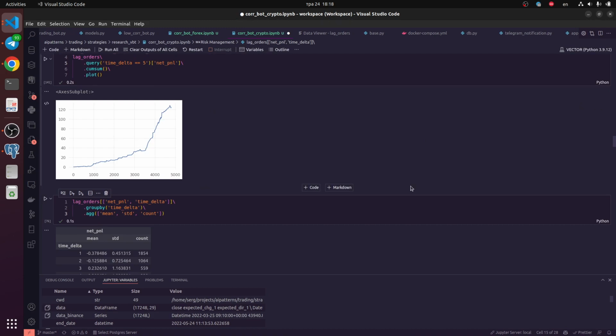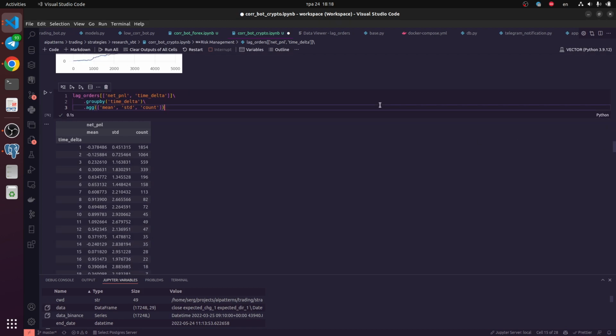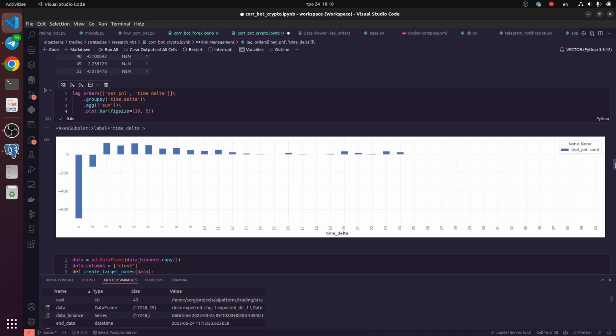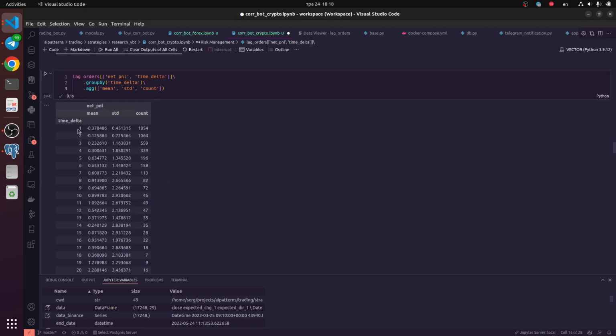Okay, let's analyze this one. And I'm going to create some table using group by time delta with aggregate functions mean, standard deviation and count. Let's look at this data, and you see the most popular time delta is 1, but when we have 1, in general our profit is negative.